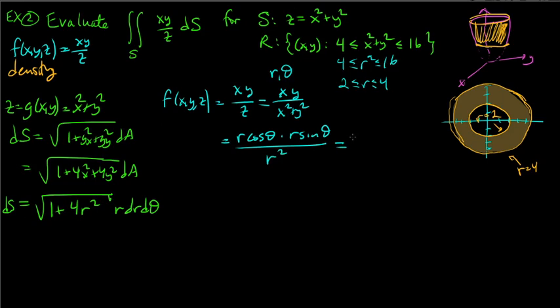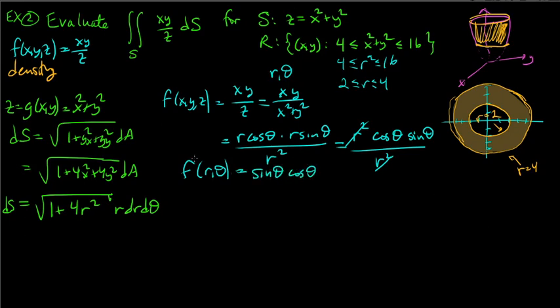So notice we have a very happy coincidence here. The r squareds end up canceling. And what we're integrating here, the f in terms of r and theta, is just cosine times sine, or maybe I'll write it the other way, sine times cosine of theta.